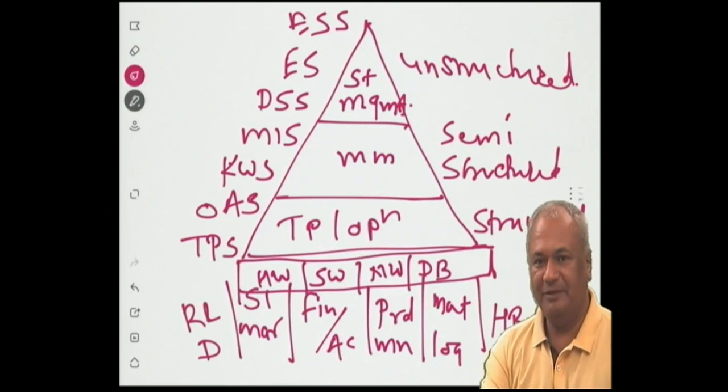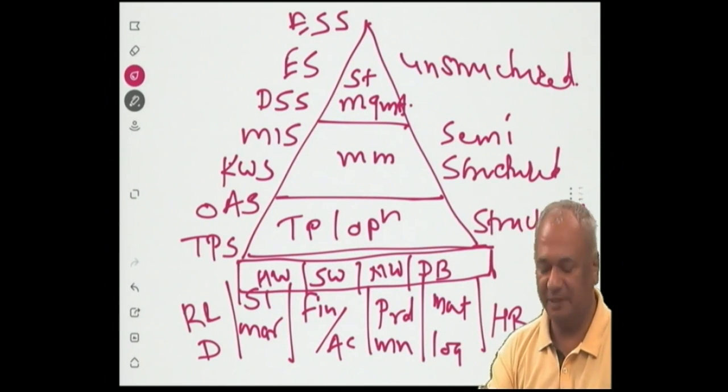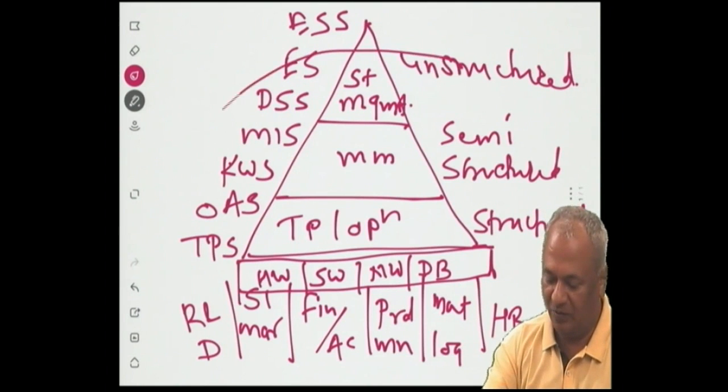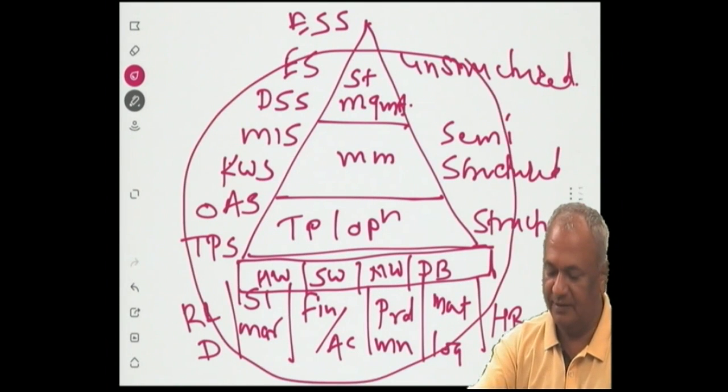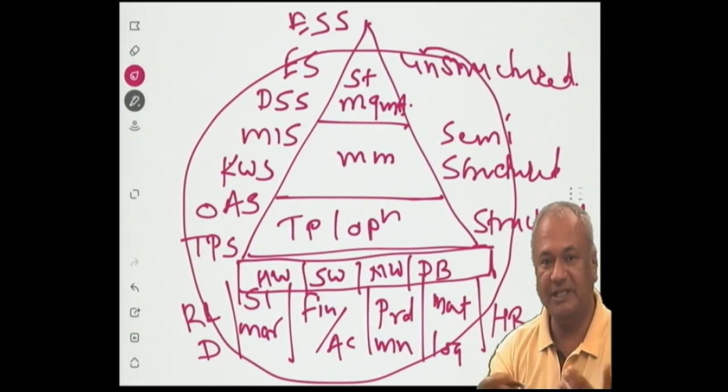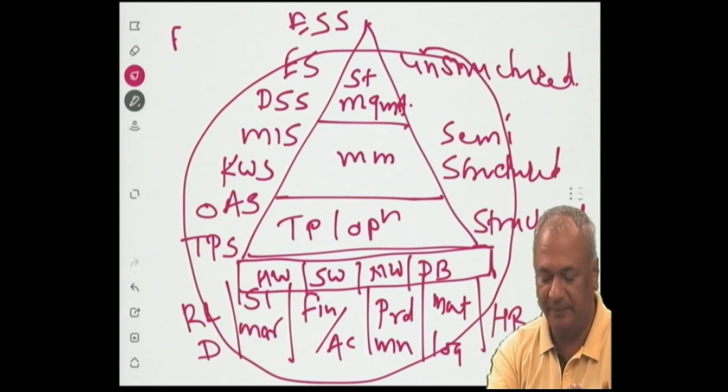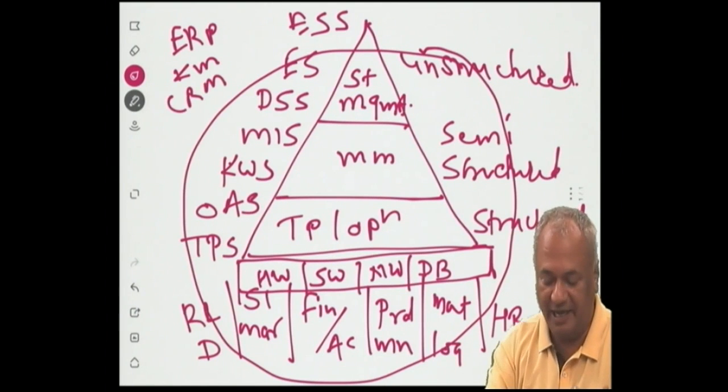Today, because of all this together and enterprise-wide system understanding, you can think of all this being used by different systems. You can think of, say, ERP, that is enterprise resource planning. You can think of knowledge management systems, customer relationship management systems, and supply chain management systems.